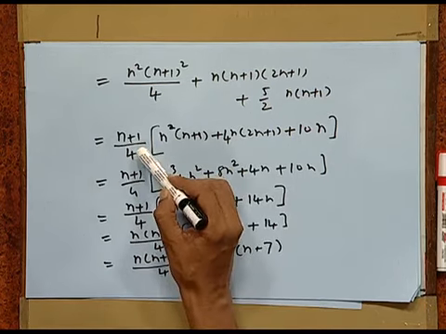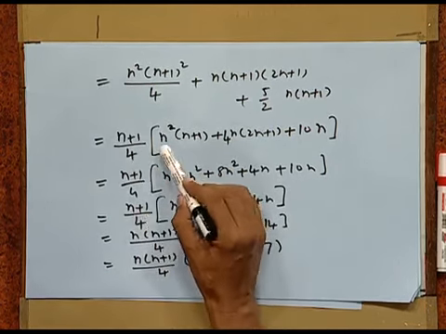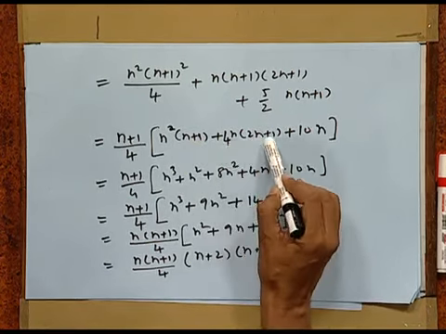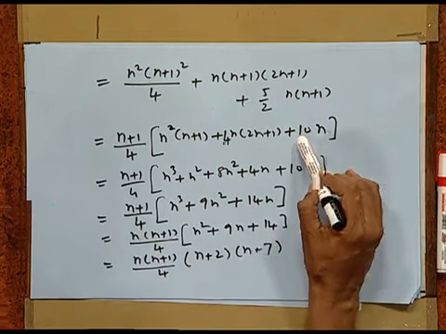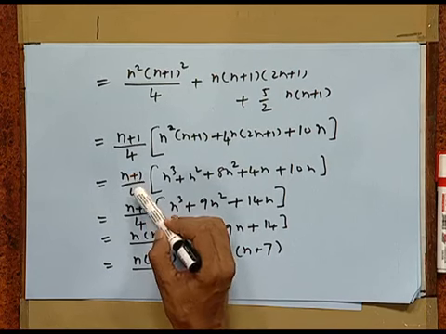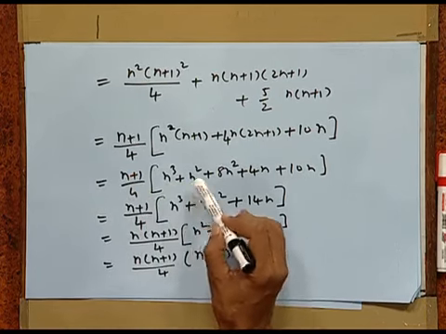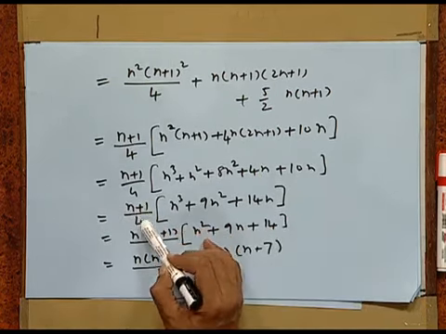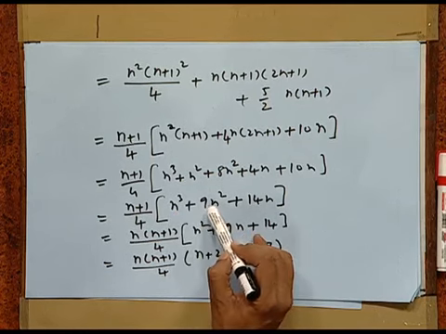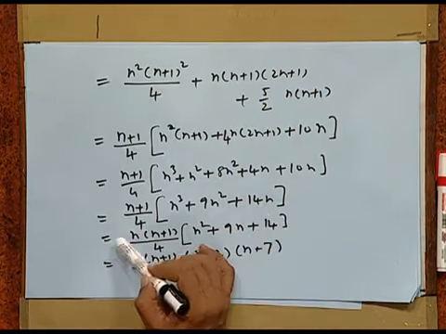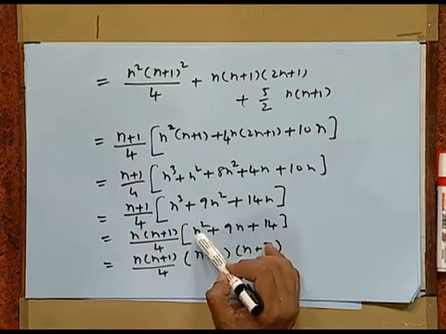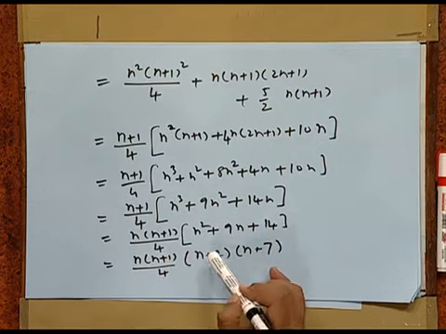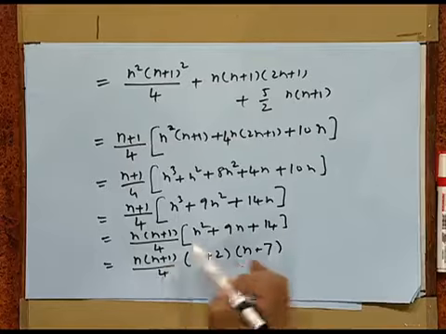Now n plus 1 upon 4 is common, so we get n square times n plus 1, 4 times 2n plus 1, then 10n equals n plus 1 by 4 n cube plus n square plus 8n square plus 4n plus 10n equals n plus 1 by 4 n cube plus 9n square plus 14n, that equals n times n plus 1 by 4 n square plus 9n plus 14, which equals n times n plus 1 times n plus 2 times n plus 7 upon 4.